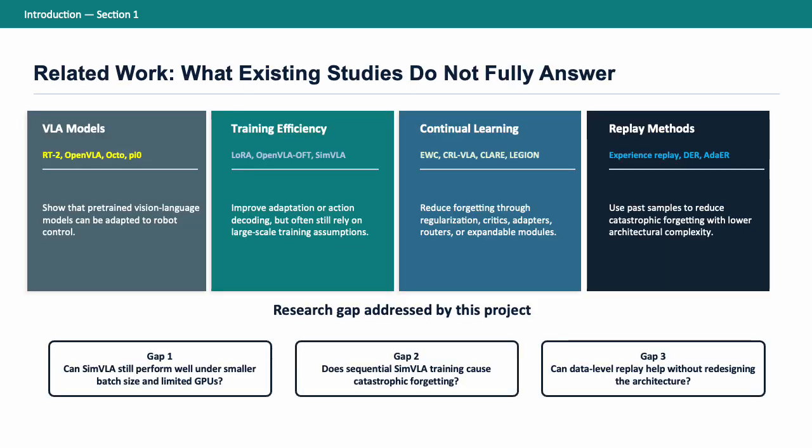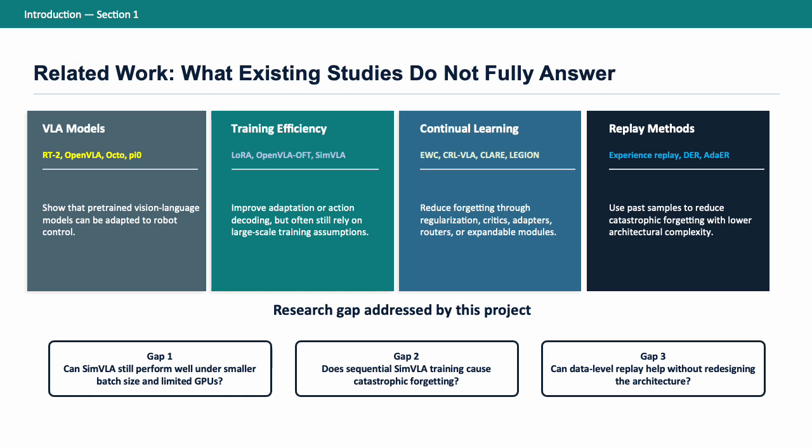Let me give a quick picture of related work. There are 4 areas. Earlier VLA models show that we can combine vision and language to control robots. Other studies focused on making training cheaper and faster. For continual learning, some methods try to reduce forgetting, but they change the model's architecture.